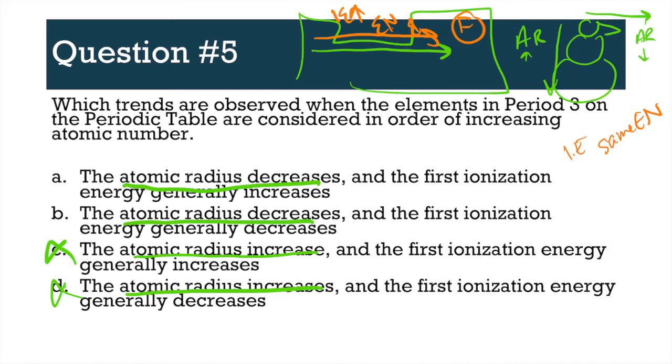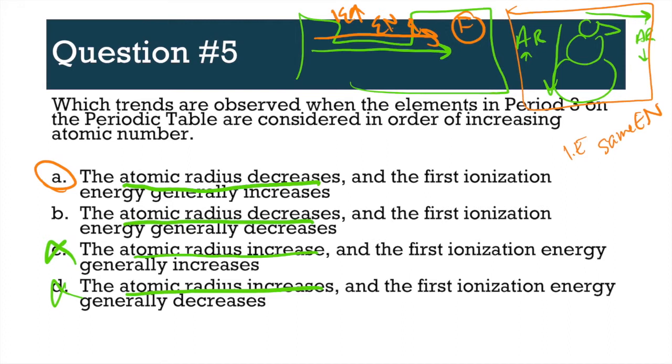So that means the answer has to be... So again, if you remember the atomic radius snowman, and that fluorine is the most electronegative atom, the closer you get to it, the higher electronegativity goes, and that ionization energy has the same trend as electronegativity. That's basically what you need to know. If you forget all of that, that is okay.